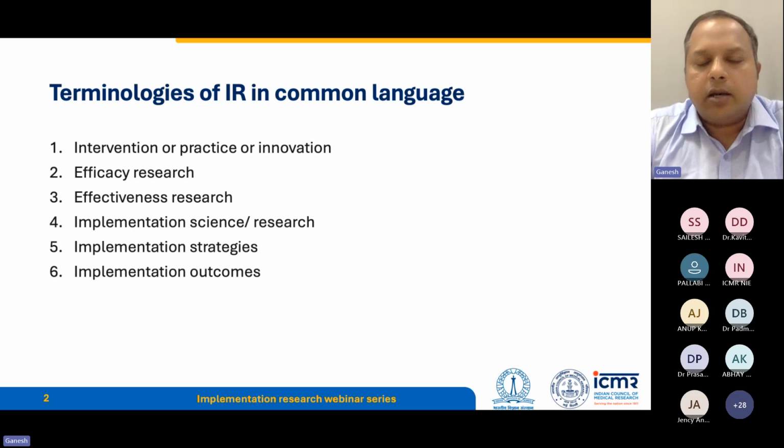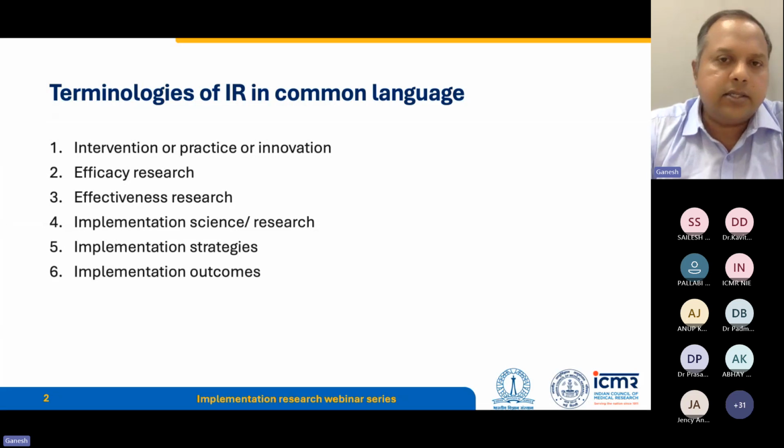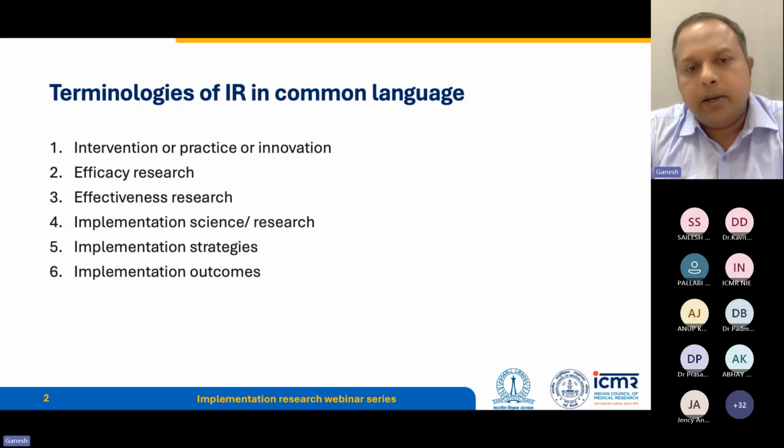The terminologies are intervention, practice, or innovation, or even program. Second is efficacy research. Third is effectiveness research, implementation research or science, implementation strategies, and implementation outcomes.